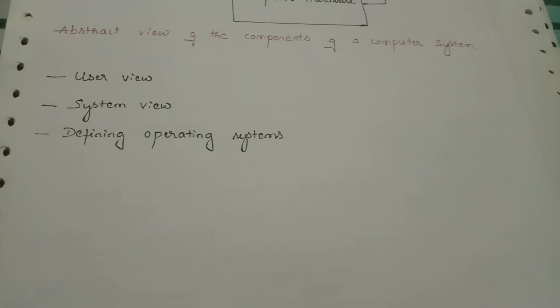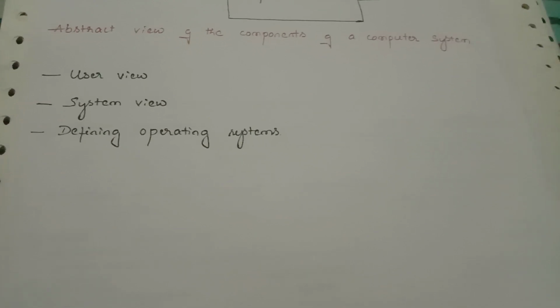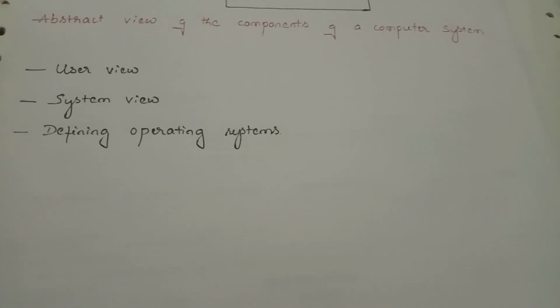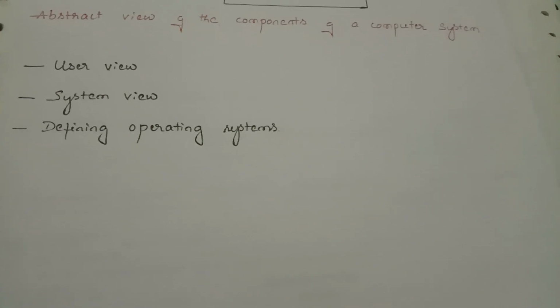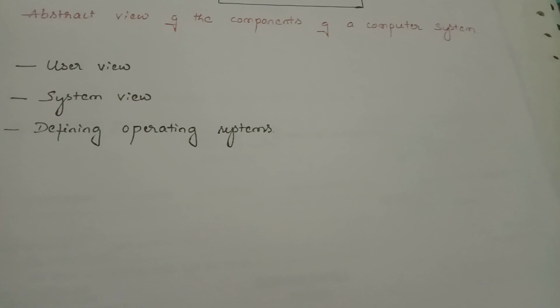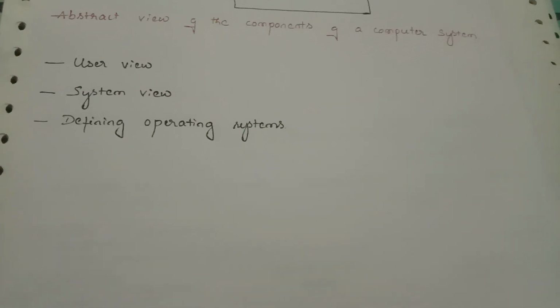The fundamental goal of a computer system is to execute user programs and to make solving user problems easier. Towards this goal, computer hardware is constructed.